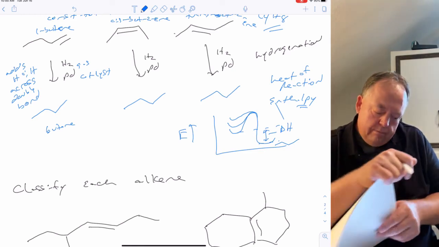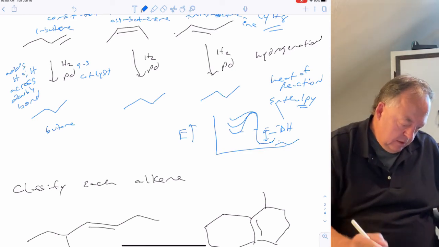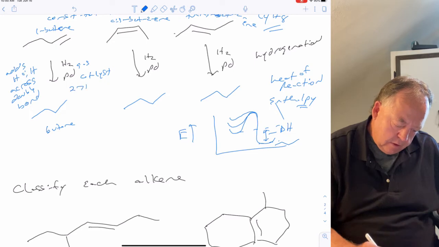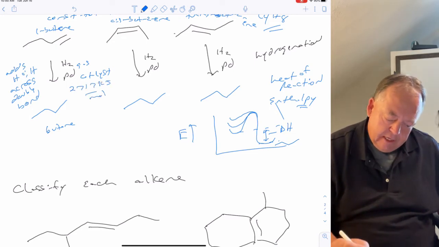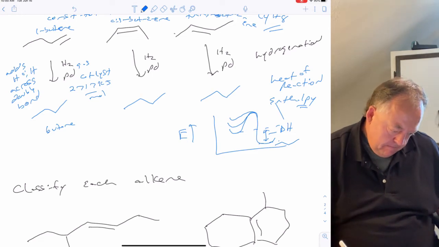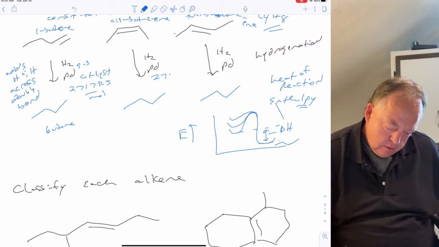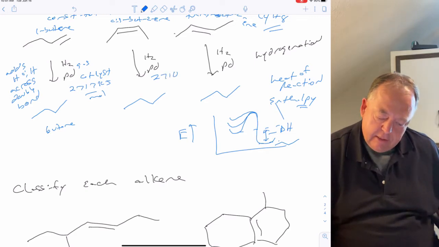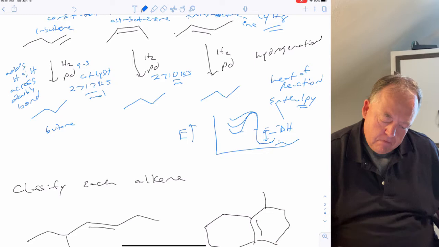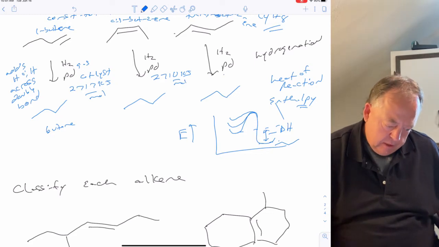So the 1-butene gives off 2,717 kilojoules per mole of alkene. The cis-2-butene gives off 2710 kilojoules per mole, and the trans-2-butene gives off 2707 kilojoules per mole.